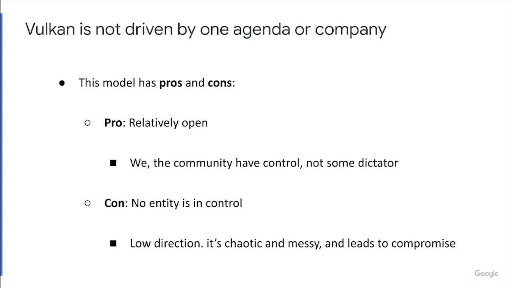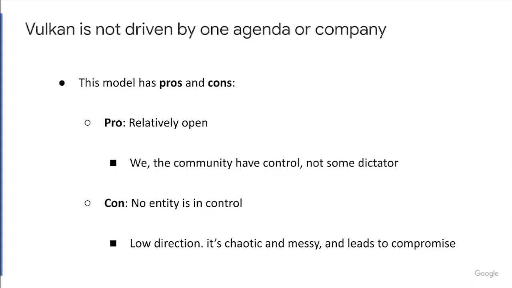At the top of the talk, I said I prefer this model: the more open, actually open, model of developing and working on the spec and all the tools and libraries around it. But the challenge is then we don't have much direction. It's low direction. It's a bit chaotic and messy, and it leads to that compromise of what ends up in the API.